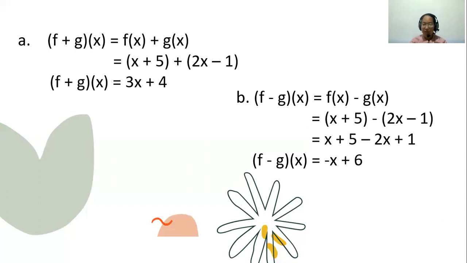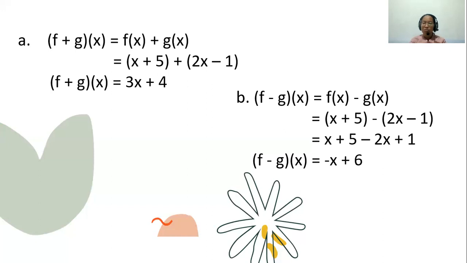No problem with the first expression. x + 5 will still be x + 5. But with the second expression, since it is preceded by a minus sign, you need to change the sign of all the terms inside the parentheses. So removing the parentheses, 2x will now be negative 2x, and negative 1 will be positive 1.